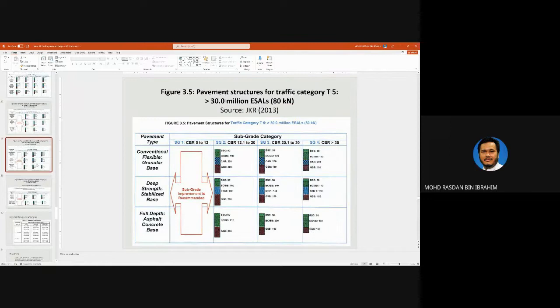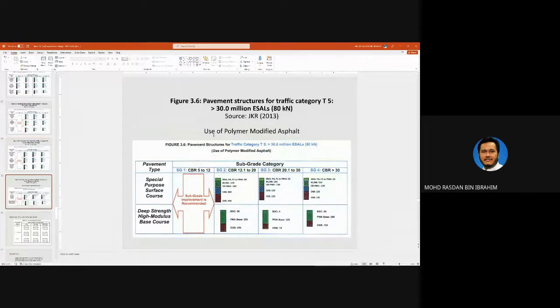So this is for T5, more than 30 million ISAL. Same here, CBR 5 to 12 is not recommended. You need to improve the subgrade first, then only you can propose the layering thickness. The last one is for T5, but with the use of polymer modified asphalt.